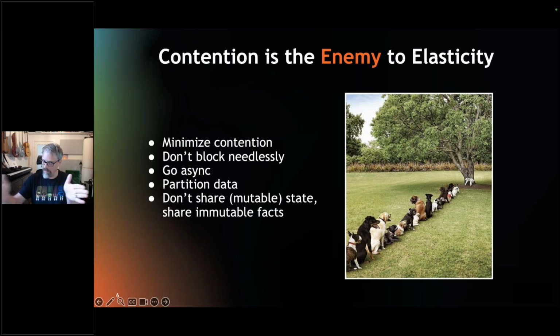Instead, if you're able to split it up through partitioning, sharding, and so on, you're able to really parallelize our requests.